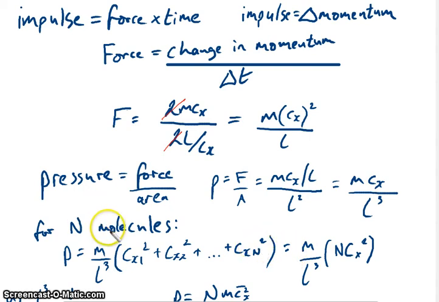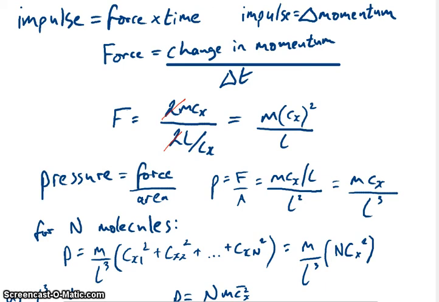Now for n molecules we have p is equal to m over L to the power 3 and then a sum of all of the molecules. Now if they're all travelling at the same speed, we can just multiply that by a factor of n.